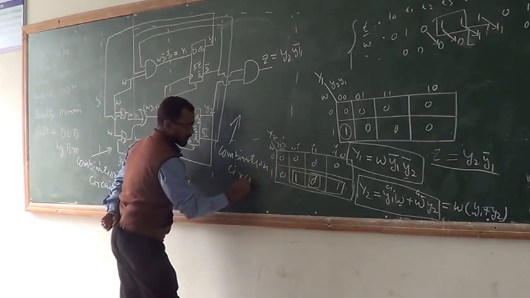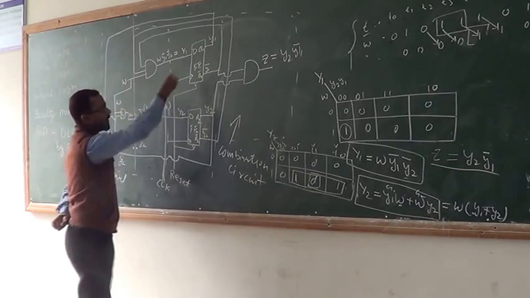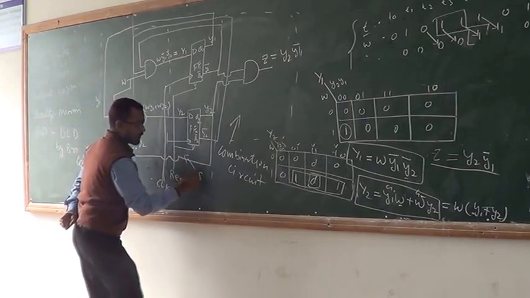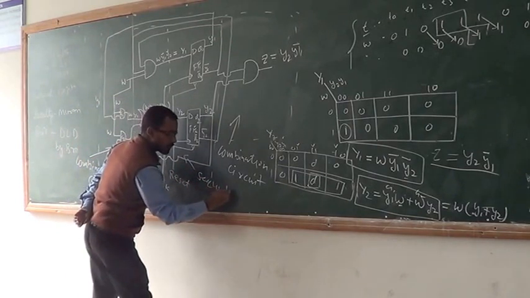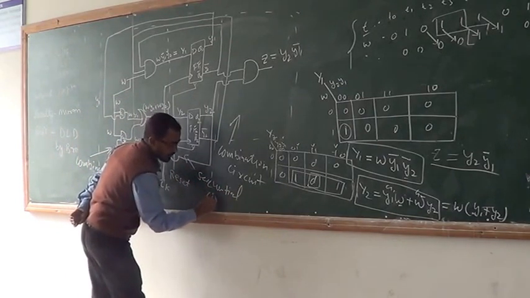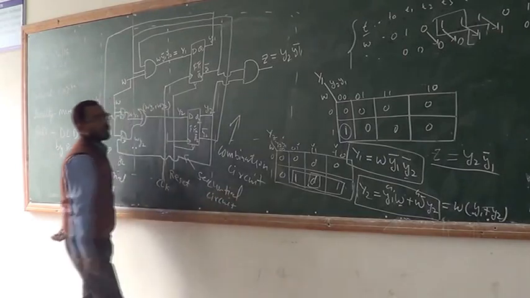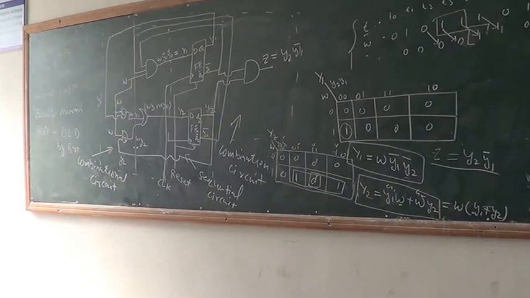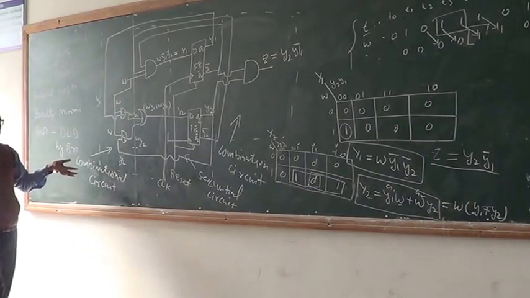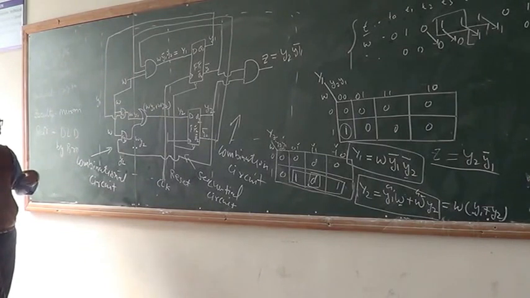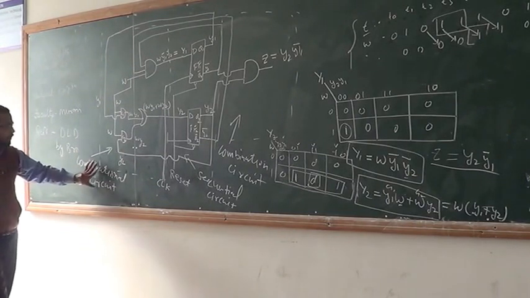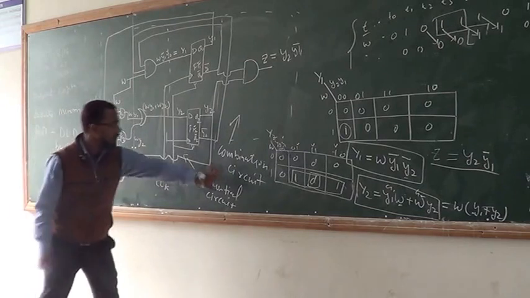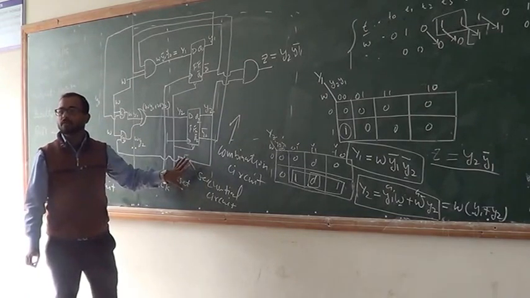Combinational circuit. And this in between is there. This is a sequential circuit. That means, when we conclude, in this FSM, in this finite state machine, we get two combinational circuits and one sequential circuit.